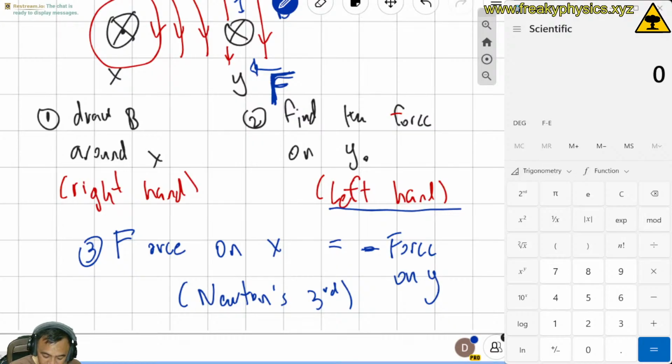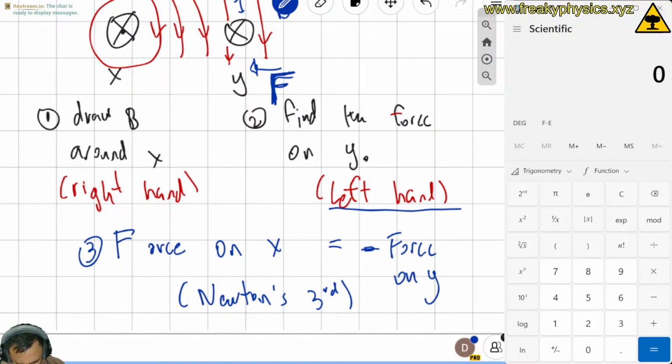Now if you reverse the current in Y, but you don't reverse the direction of the magnetic field, which way is the force gonna go? It's just going to go the other way. So if you reverse the current, the force gets reversed. But if you reverse both currents, that's another short way to do it.